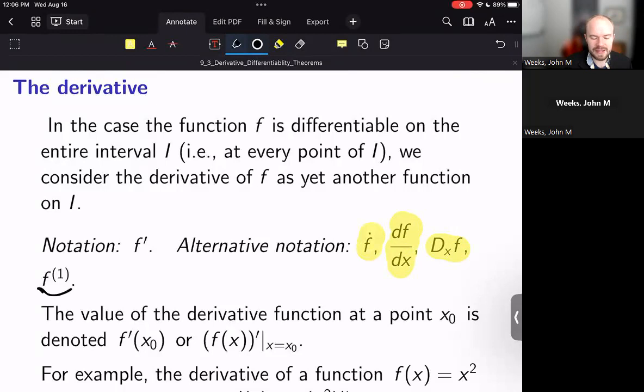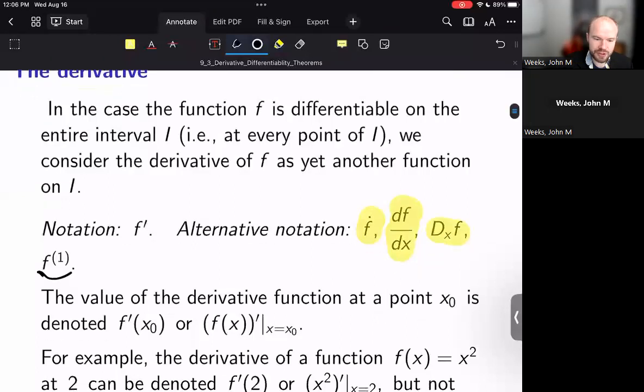Another way that it can be written is f to the, in parentheses, how many times we're taking this derivative. F to the 1 in parentheses is taking the derivative just once. But you could see f to the 2 in parentheses to mean the second derivative of a function.